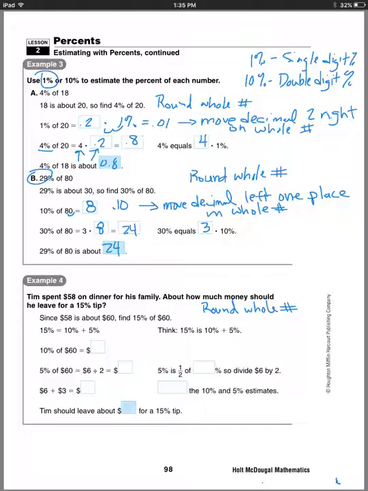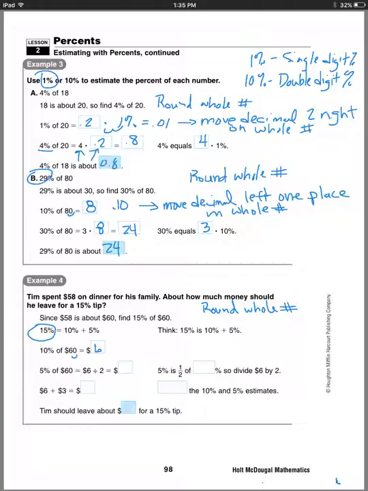So you can do the following. You can think, I have a double-digit percent, like we did above, so I'm going to use 10% of 60. Now remember, when we multiply by 10%, we move the decimal once to the left, so we get $6. Alright? So, the next step is, because we want to know 15%, 10 doesn't multiply to 15%, right?